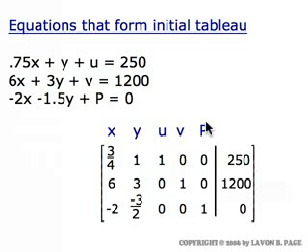And the initial simplex tableau is the one shown here, the setup being the same as the methods illustrated in the last movie. I'm going to convert the decimals to fractions. That's primarily a matter of preference. You wouldn't have to. So the 0.75x coefficient I'm putting in as a 3/4, and the minus 1.5y coefficient in the bottom row I'm putting in as minus 3/2.